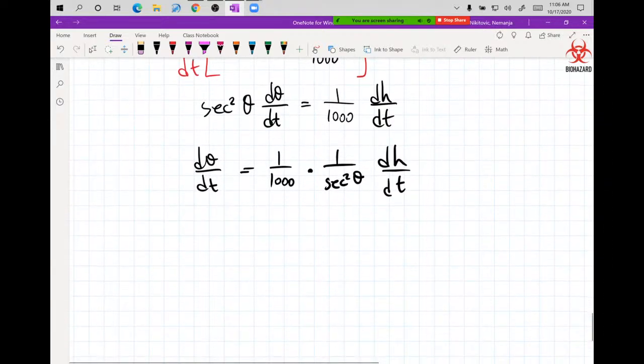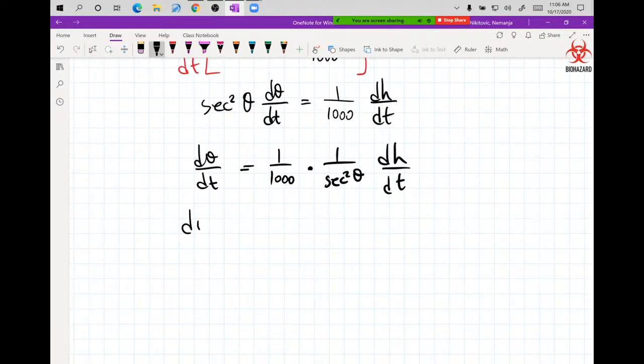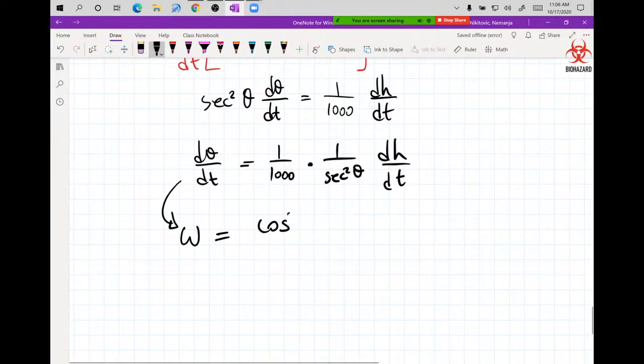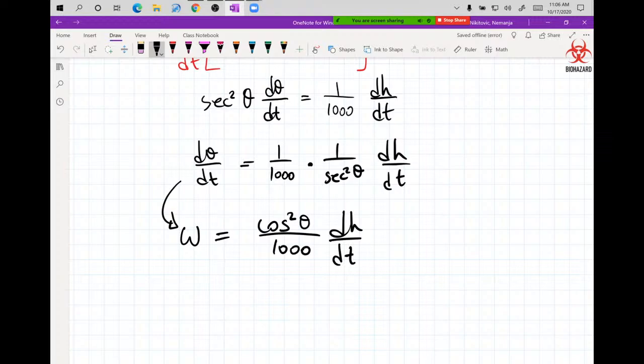So we have to clean up the, well, actually, let's do this immediately. Omega, right? That's what we want. This becomes cosine squared theta over 1000 dh dt.